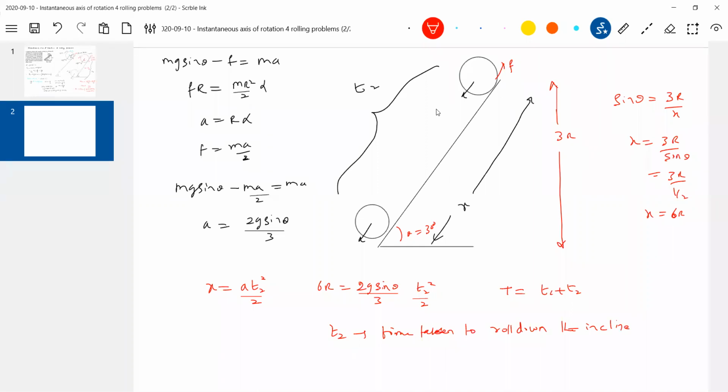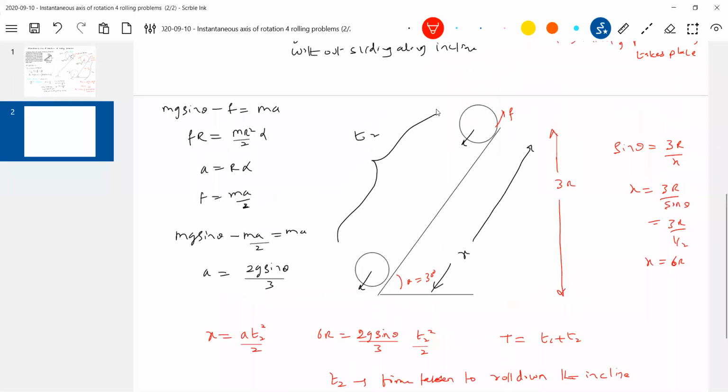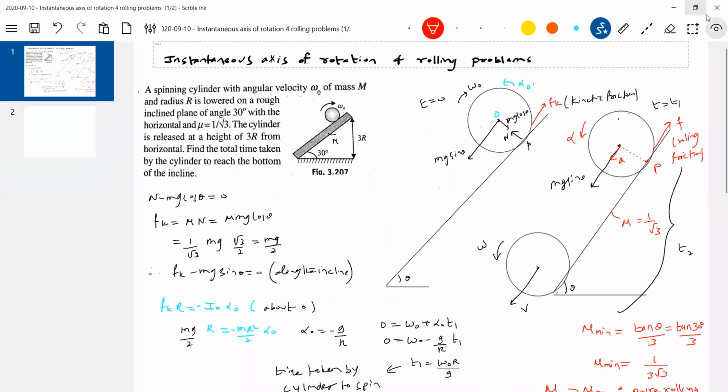What is t1? The time taken to spin there only. It will first only spin, then afterwards roll. So two frictions are there. It's a really very good problem. First it will only spin, the angular velocity decreases. First it will only rotate there. Why can't it slide down?